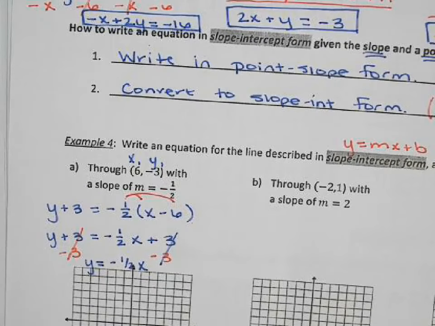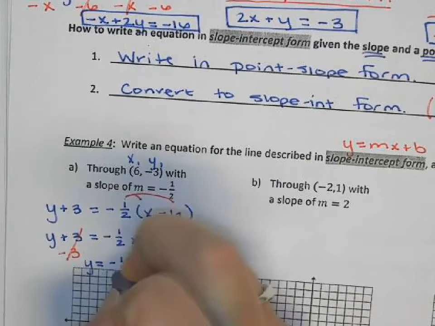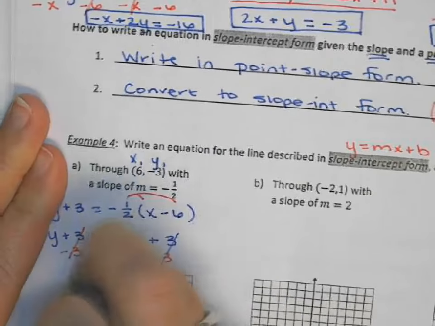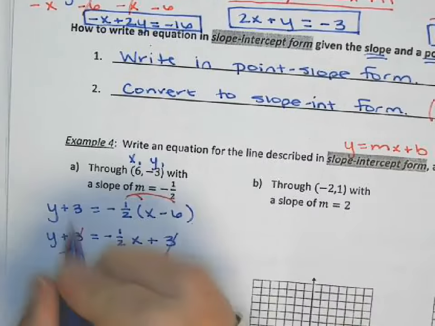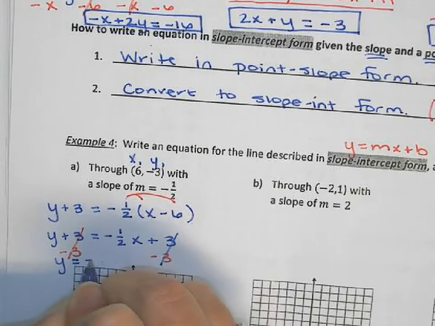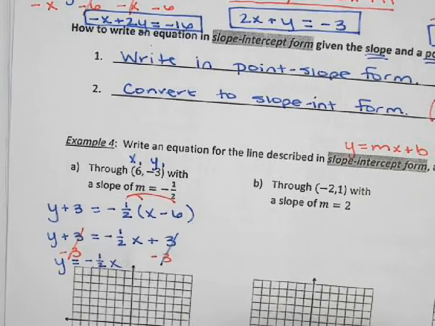Yeah, m can be a fraction, and b could be a fraction if it really wanted to be. That'd be a pain to graph, but it could be. Okay, so our equation here, let me try to rewrite this, make it a little bit easier to see, is y equals negative 1/2 x. Your 3's actually went away on both sides because when you subtracted, 3 minus 3 is 0.